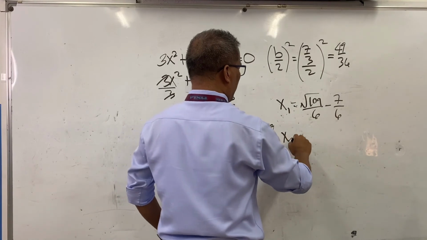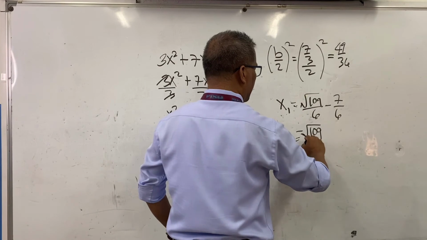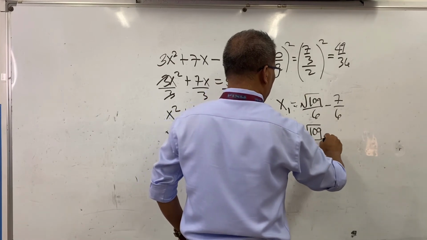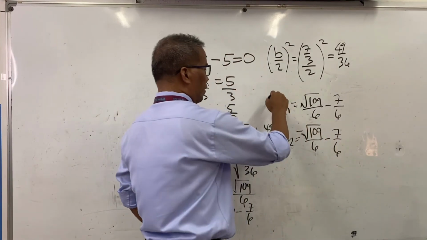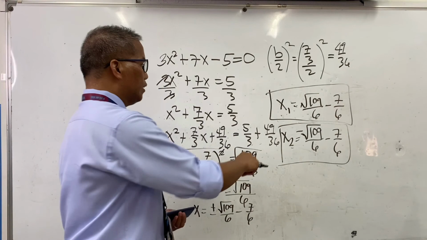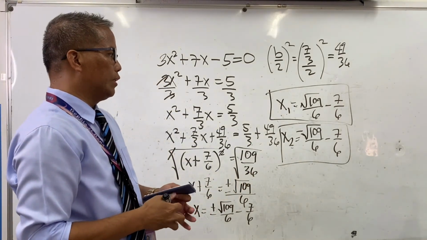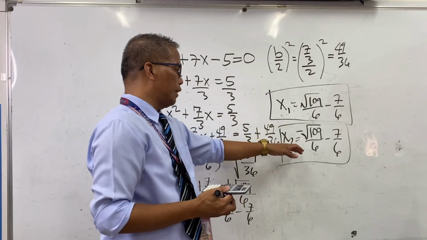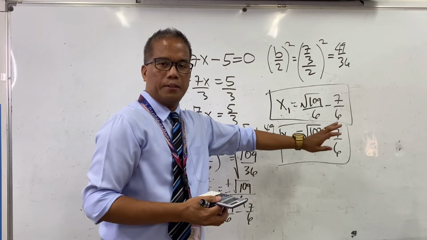Then x sub 2 will be negative square root of 109 over 6 minus 7 over 6. So this will be your final answer. Therefore, the solutions are the square root of 109 over 6 minus 7 over 6 and negative square root of 109 over 6 minus 7 over 6.